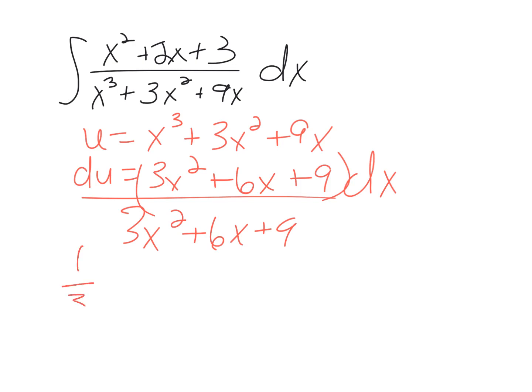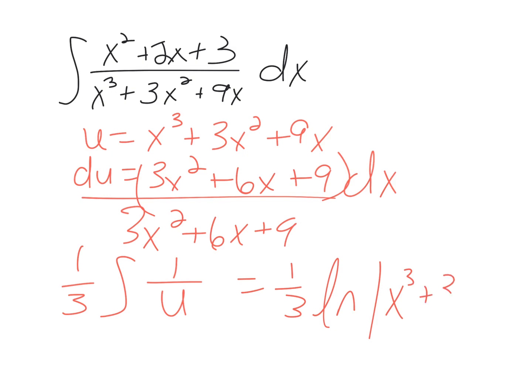So I'm going to get 1/3 of 1 over u. And integrate it. I'm going to do 1/3 of ln of the absolute value of x cubed plus 3x squared plus, did I write 9x right? Yes, I did. Okay, 9x plus c.